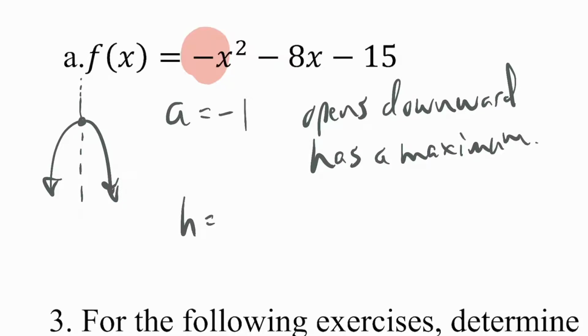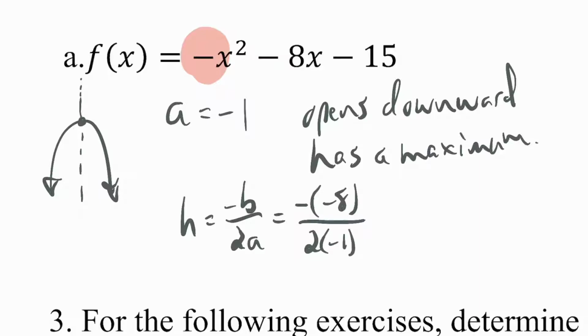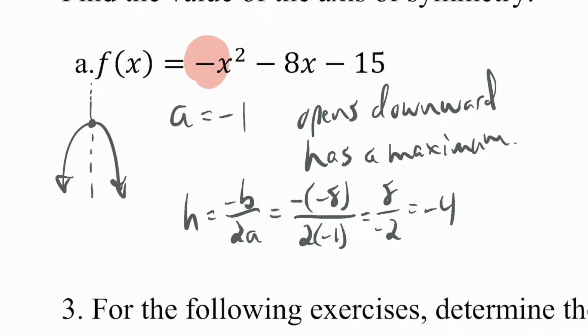So h equals negative b over 2a. So negative, negative 8 over 2 times negative 1, because a is negative 1 in this case. So I get 8 over negative 2, so I get negative 4. So negative 4 is the x-coordinate of the vertex, and also where the vertical axis of symmetry is. Okay, let's go to the next one.